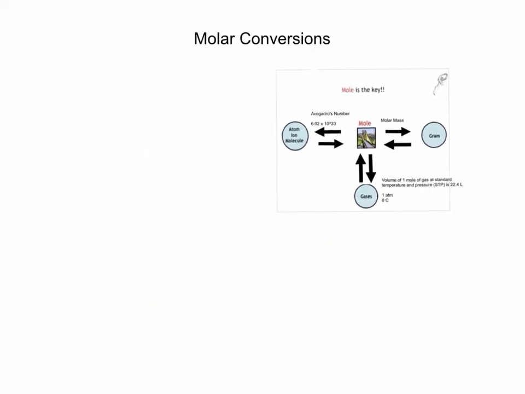And the way we're going to do this is exactly the same way that we would do any other type of problem. For example, let's say we have 3 moles of hydrochloric acid, HCl, and we want to convert this to particles. Remember that all of these are particles.